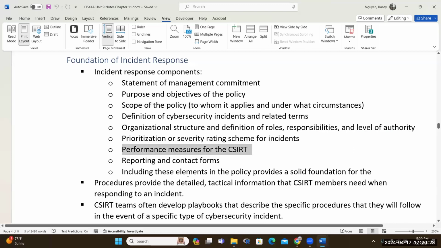Performance measures for the team, structure and roles, even listing the active people with their names, contact information, and responsibilities. So your job might be going in, evaluating the company, and then writing the incident response.